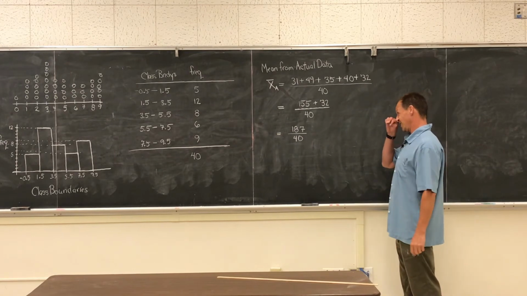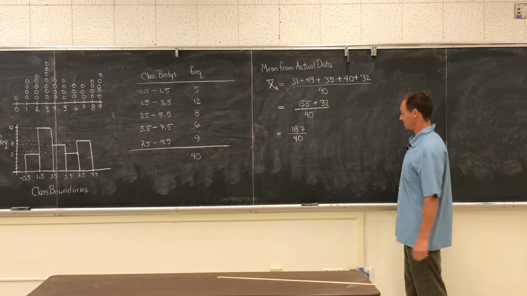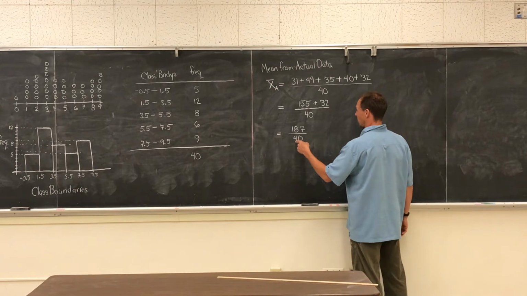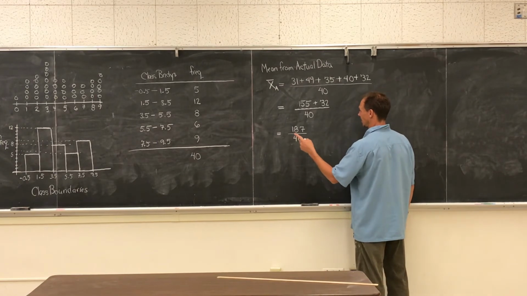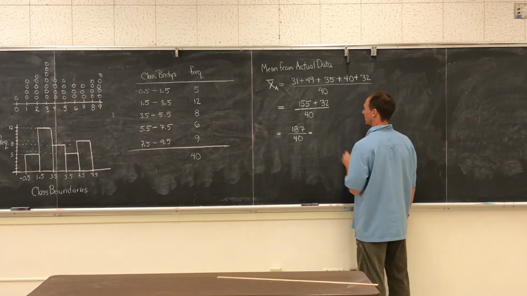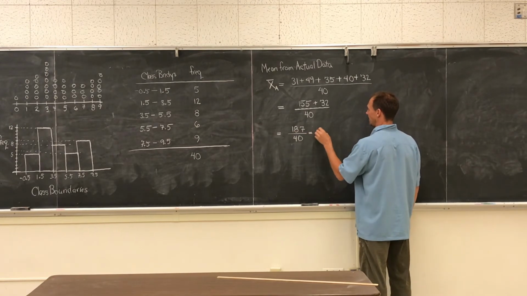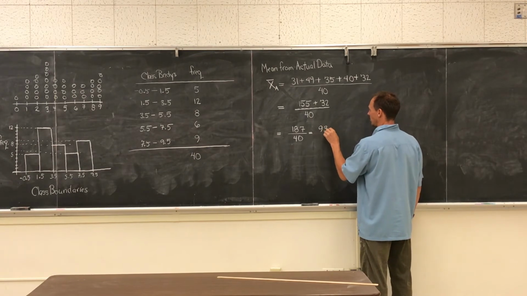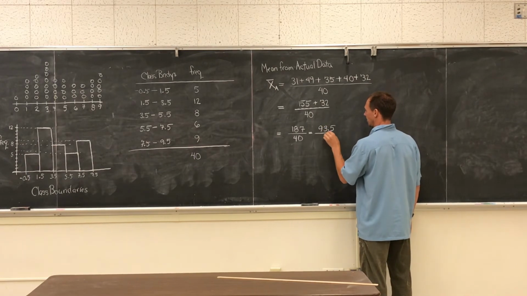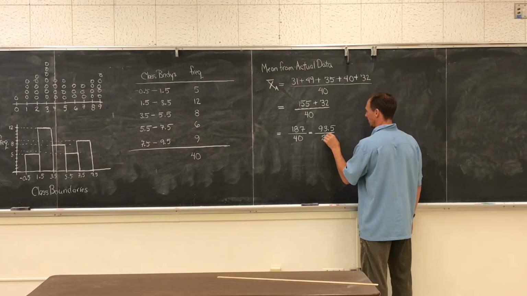There's a couple different ways to do this. I'm doing this in my head. 40 is 2 times 2 times 10. So let's trim that down. Half of 187 is going to be 93.5 over 20.